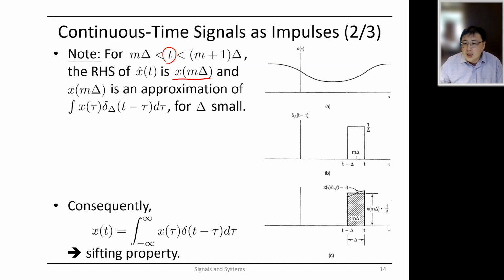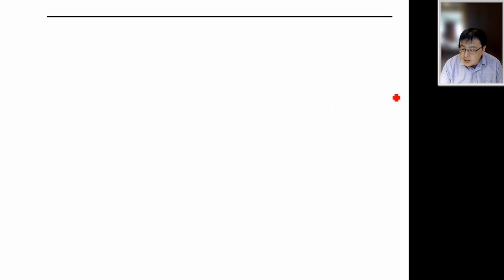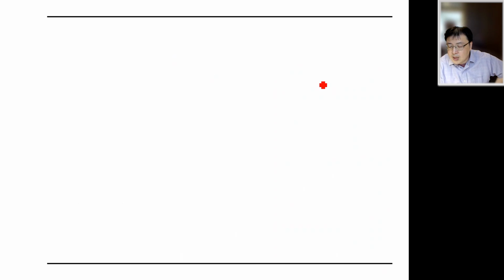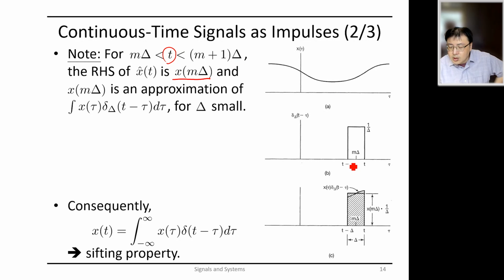Now, suppose that this x of tau, I'm using the time index tau here, is multiplied with this delta sub delta of t minus tau. This delta sub delta is a rectangular pulse with a magnitude 1 over delta.